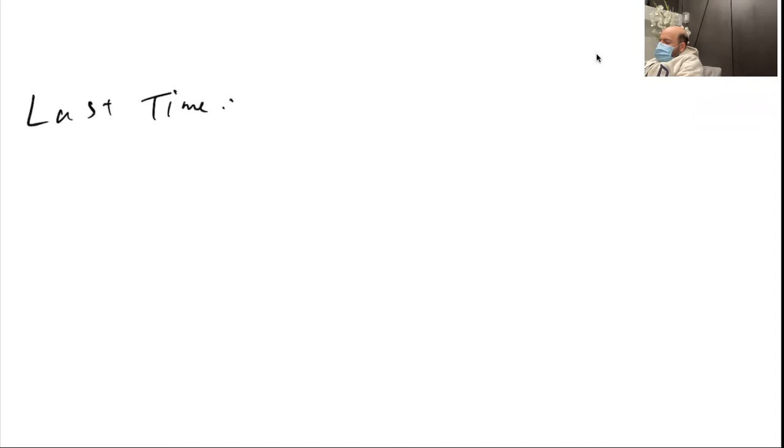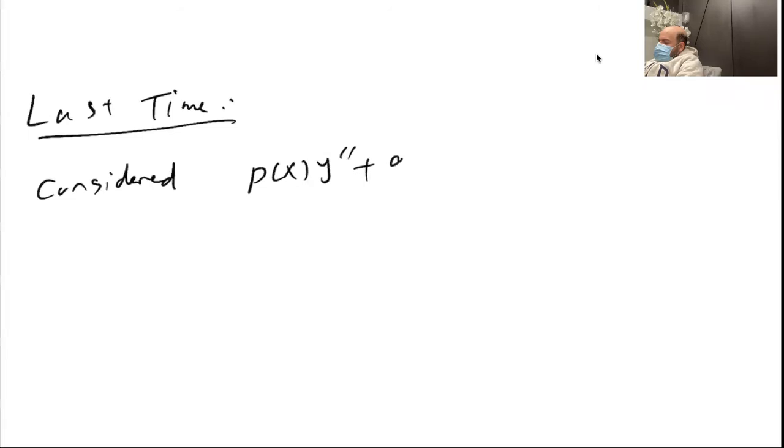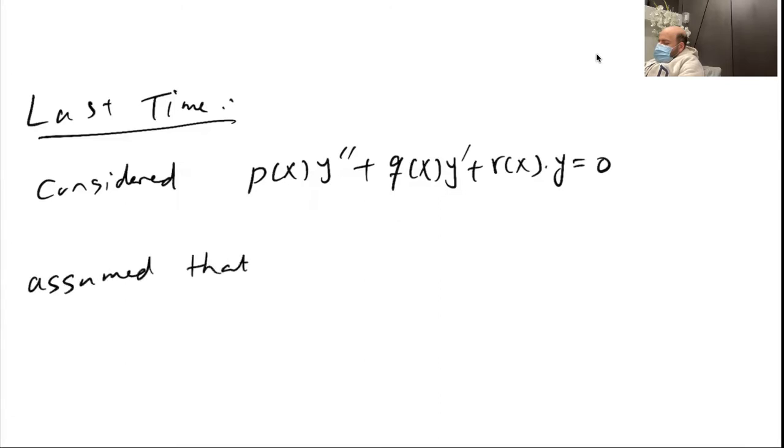Last time we considered a second order ODE in the form of P of x y double prime plus Q of x y prime plus R of x times y equals 0, and assumed that x equals x naught is an ordinary point for this ODE.